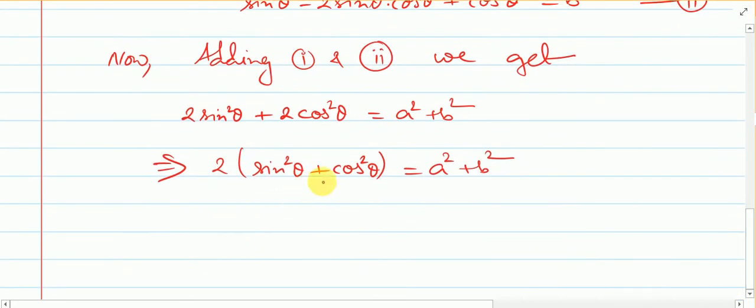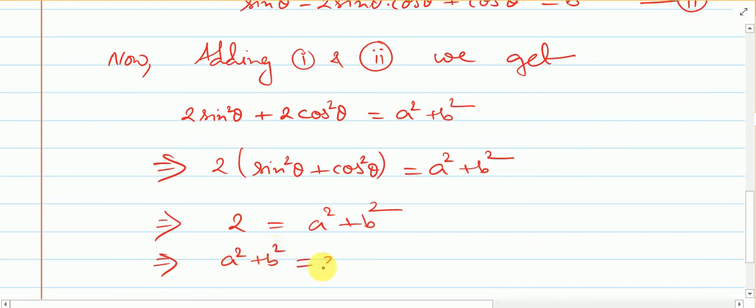But you know that sin square theta plus cos square theta is 1, so you get 2 into 1, so simply 2 is equal to A square plus B square, which implies A square plus B square is equal to 2, proved. Okay, so with this our exercise 16A gets over.